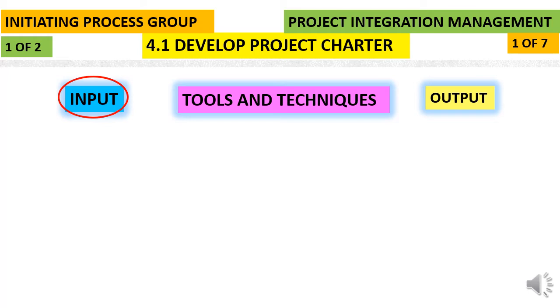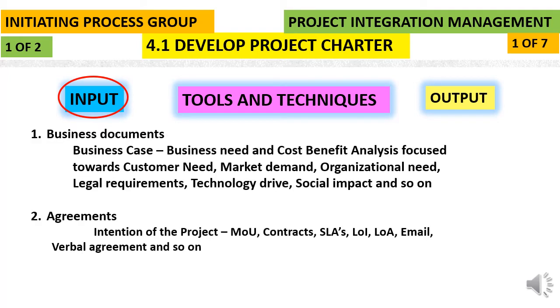And let's go one by one. What are the inputs required for this process? What are the tools and techniques we can adopt? And what are the outputs we expect to get from this process? So let's go to the first, the inputs. There are 4 inputs for this process.